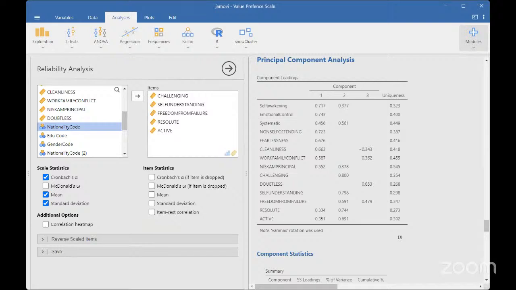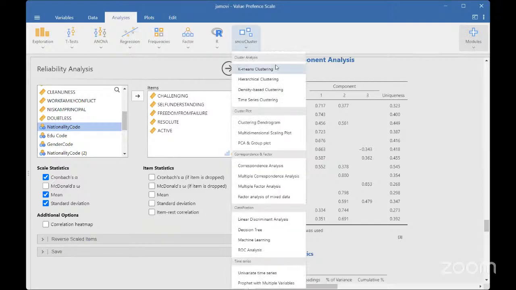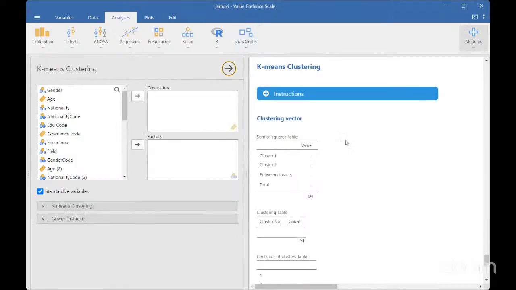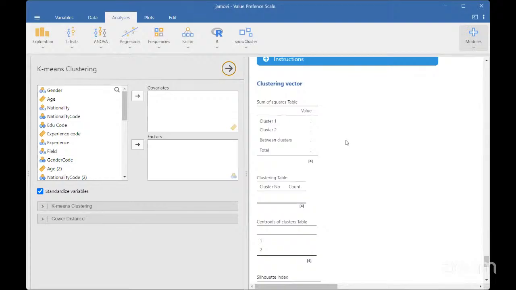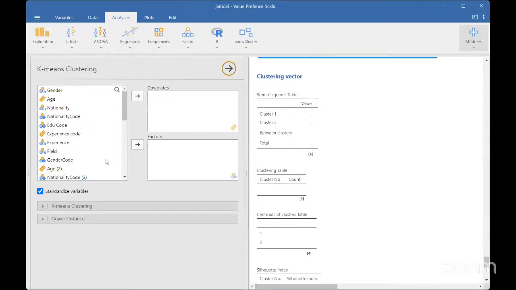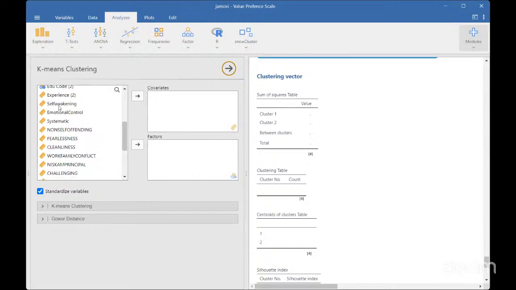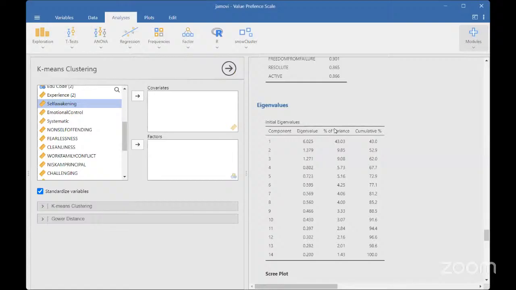So you click the cluster. Pushmita, K means clustering. Now you take the covariates, that is the self-awakening. So first component, whatever are there, you take only those, the covariates.